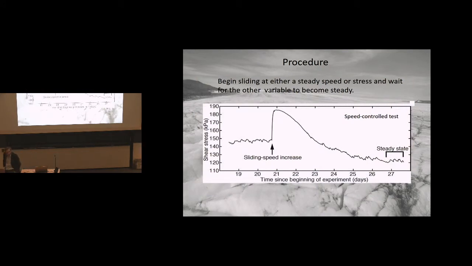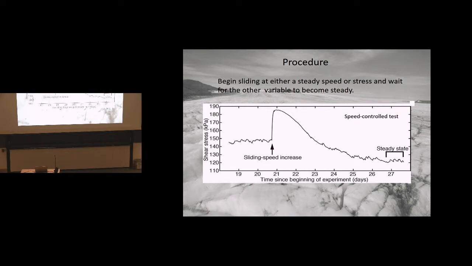This is a time series of the sort we gather in these experiments with drag on the vertical axis. Shear stresses here are relatively steady, at about 145 kPa. We're running at a controlled sliding speed, and then here we increase the sliding speed abruptly.